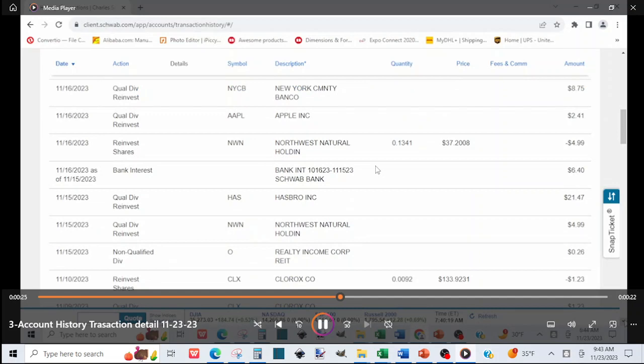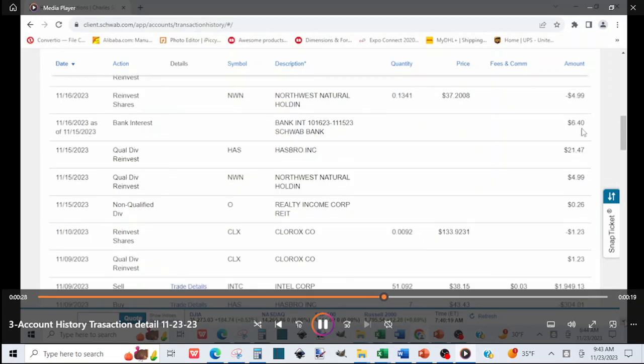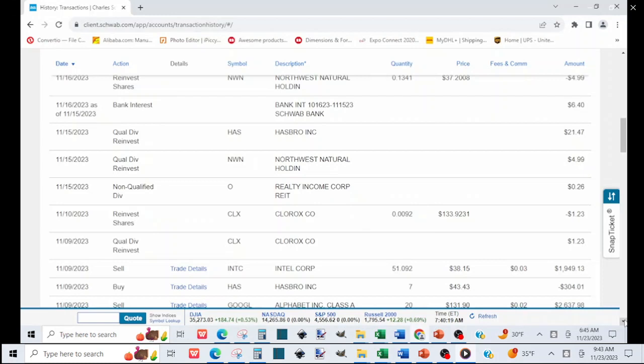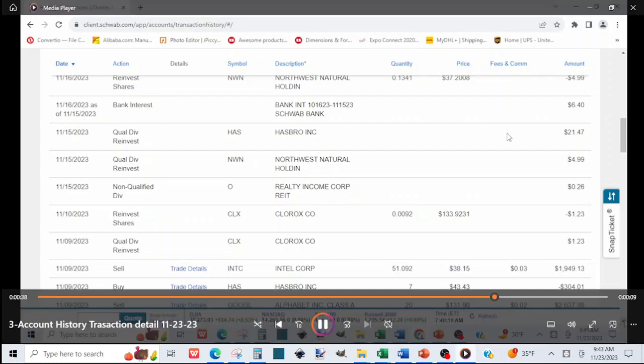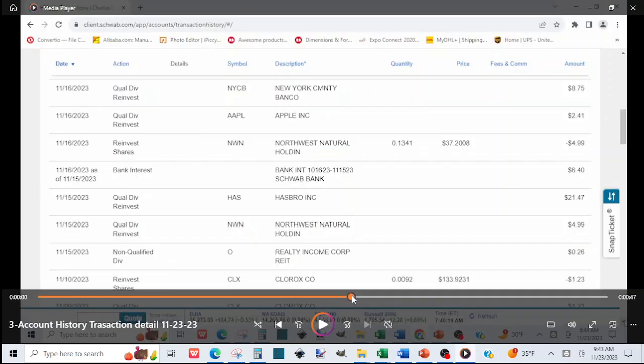Excuse me. Qualified dividend from Hasbro, $21.47. Those are income paid by the stock companies to the owner of the share. I don't know if I say it right. They are dividends, stock dividends.